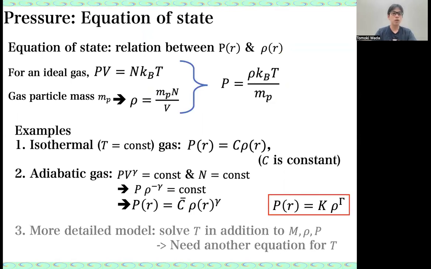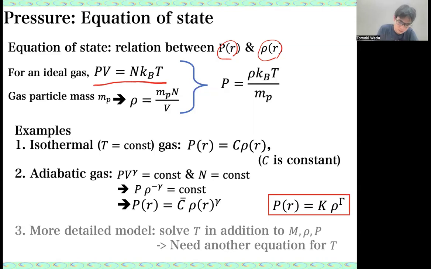Here I show the equation of state. The equation of state is a relation between pressure and density. For an ideal gas, you know this equation, PV equals NkBT. Here, P is pressure, V is volume, N is the number of gas particles, kB is the Boltzmann constant, and T is temperature. Let's assume that the gas particle mass is m_p.